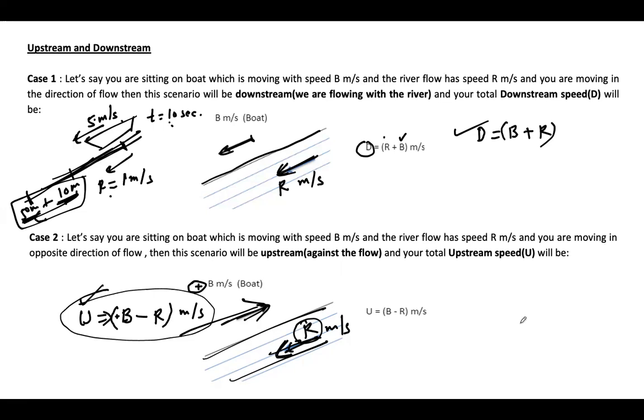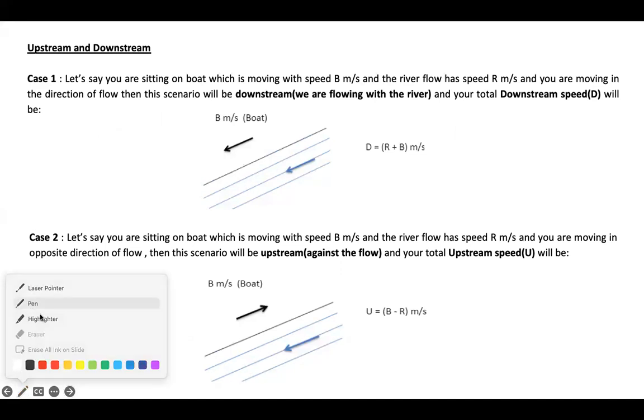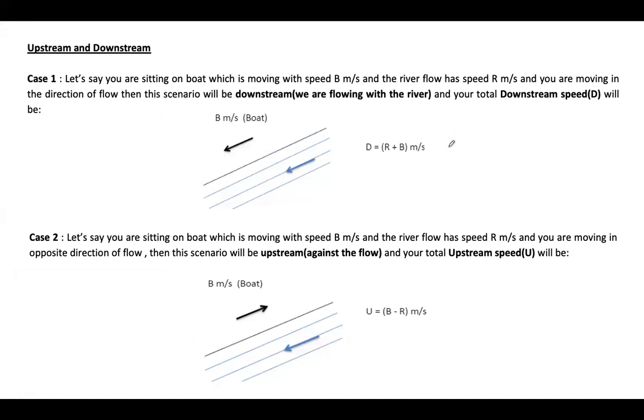Tanisha, is it clear to you? Okay, Tanisha, one question is coming for you. Let's say Tanisha has started her journey downstream. The river has a speed of 1 meter per second.